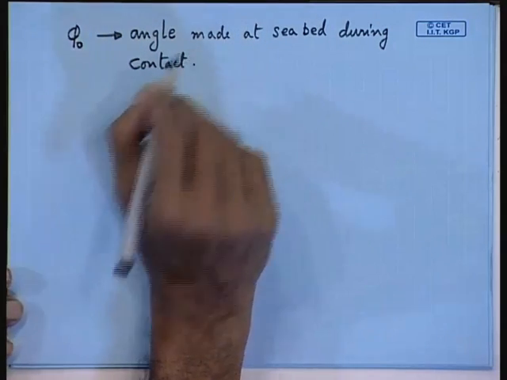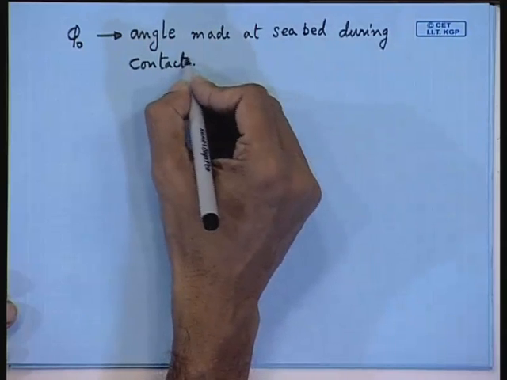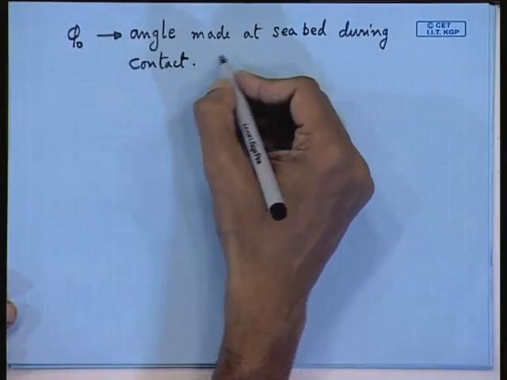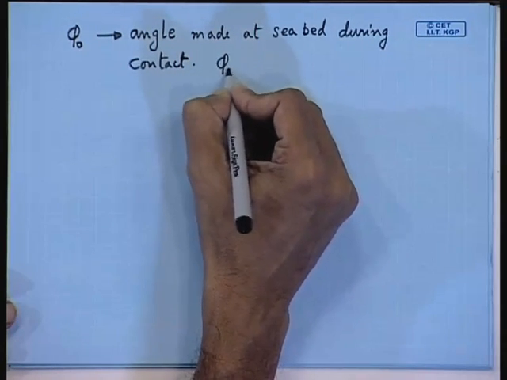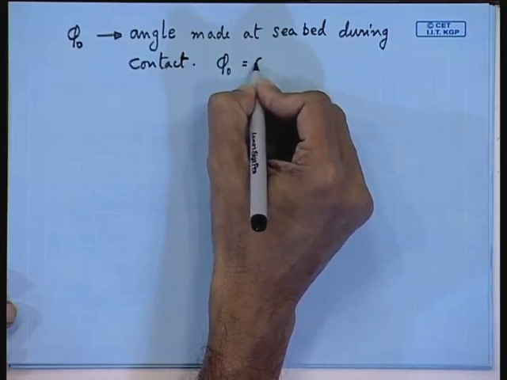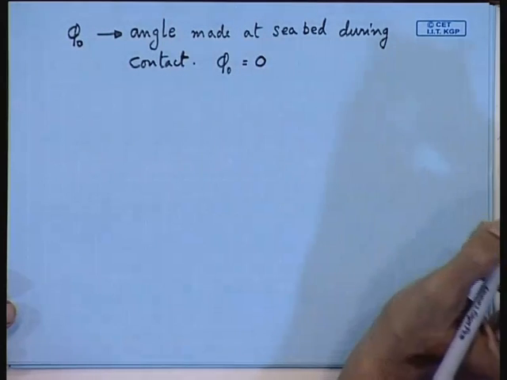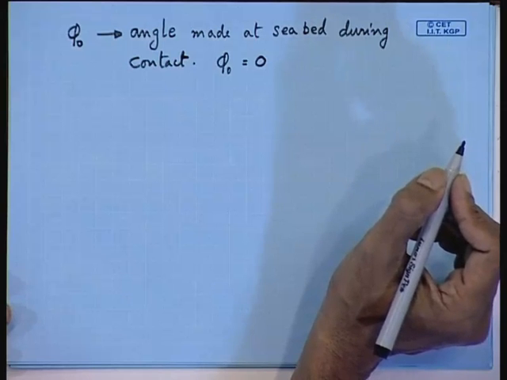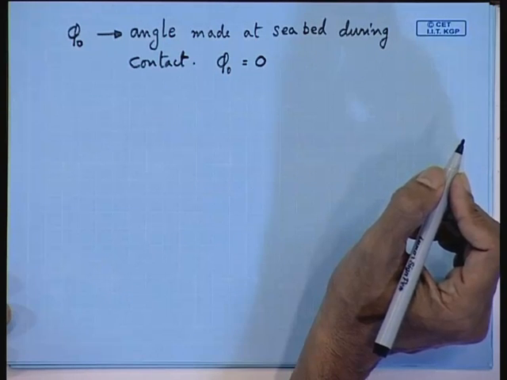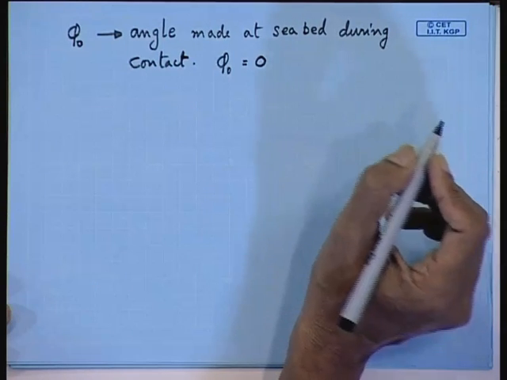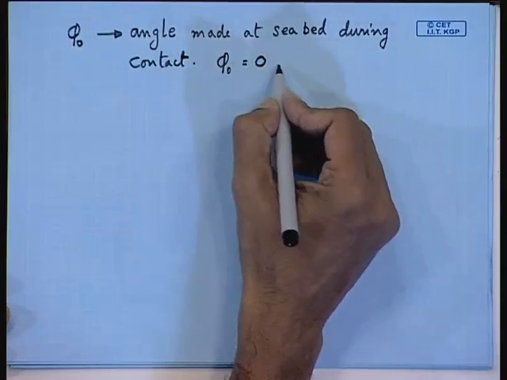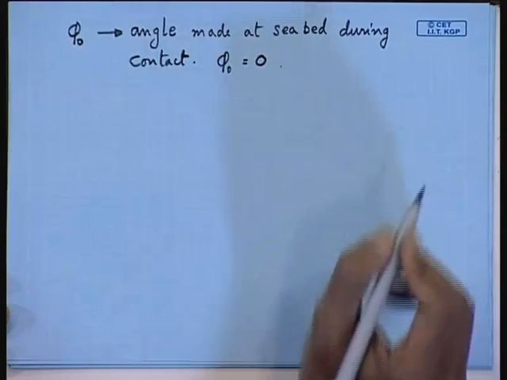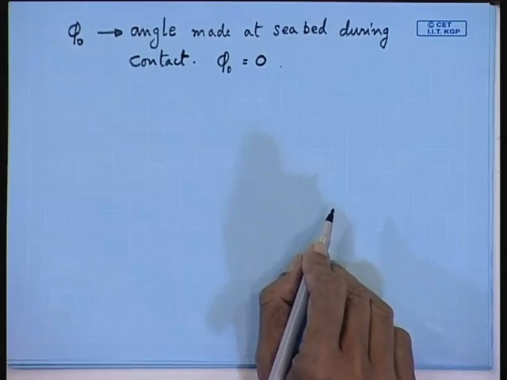Now, if you want to simplify this equation, you can write phi naught equal to 0. Now, what was your expression for the tension corrected for your hydrostatic pressure?